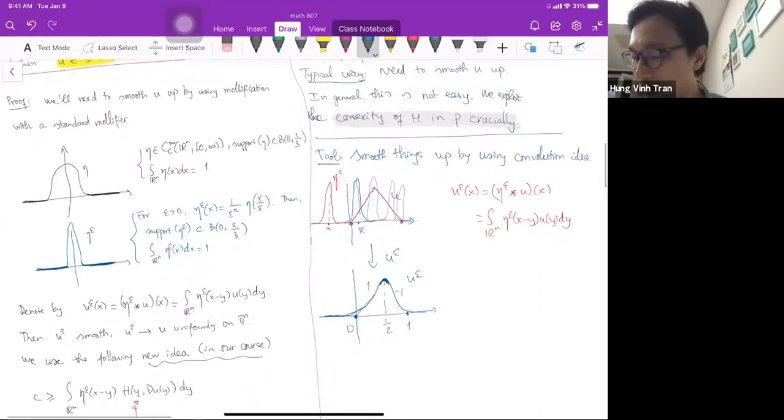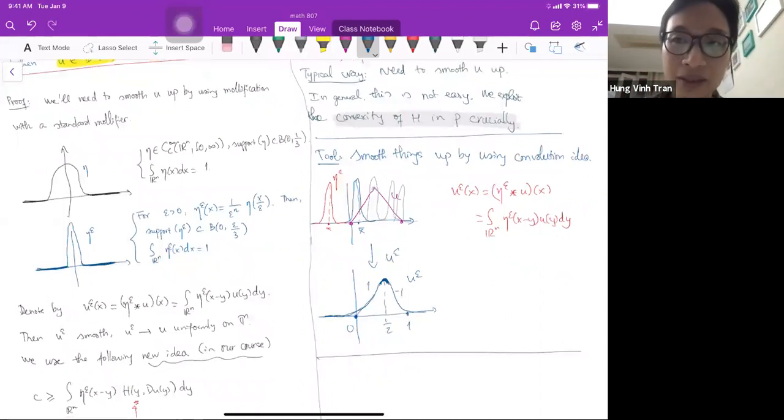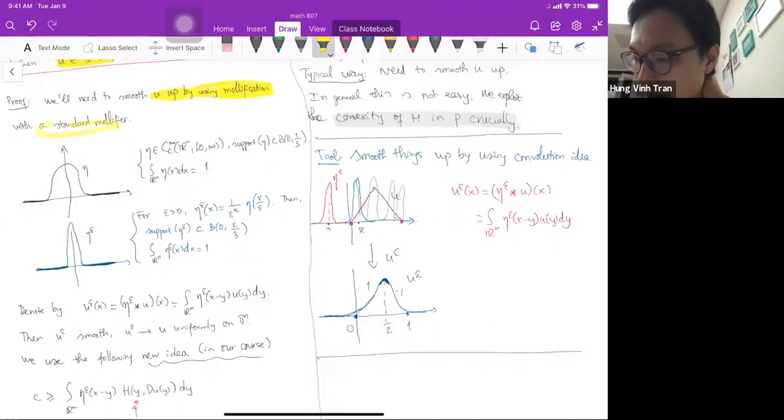Of course, you have seen that in analysis, but I just want to convey the message here that if you see that geometrically, then it's rather natural. Okay, so let's focus on the proof, and then we discuss crucial things in the proof and generalizations. So I'm just gonna smooth it up by using mollification with the standard mollifier.